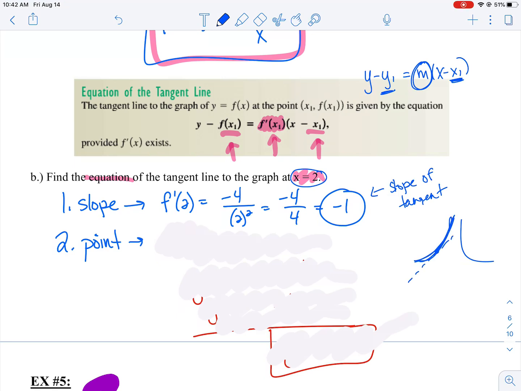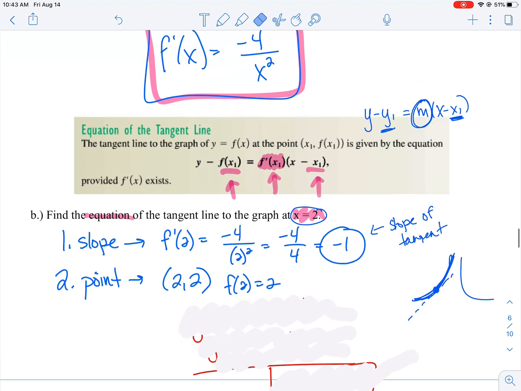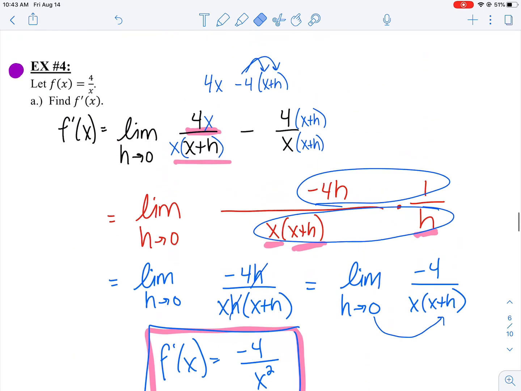Well, if it is on the function and it touches at x equals 2, we should be able to plug a 2 into my original function. Remember, my original function was this 4 over x. We should be able to find the y value by plugging in a 2 for x in that equation.